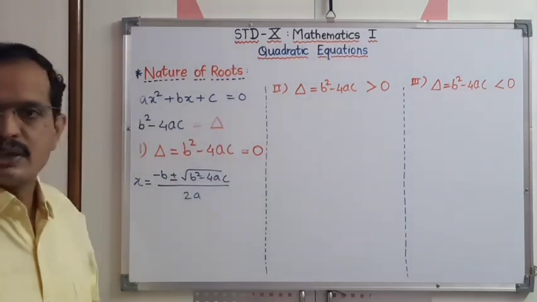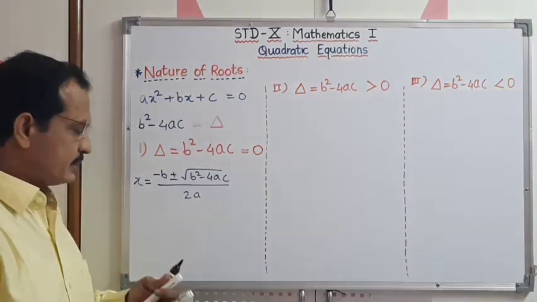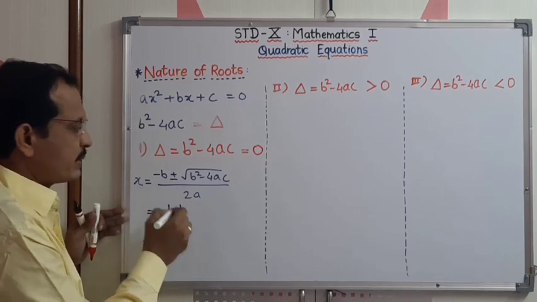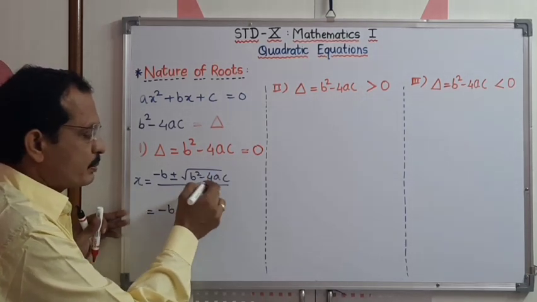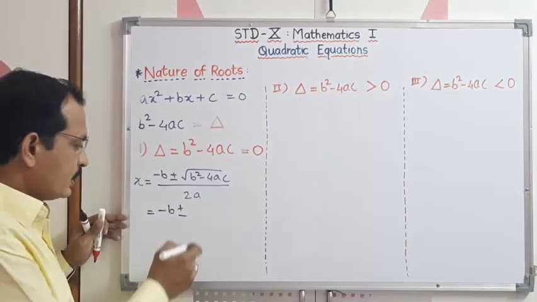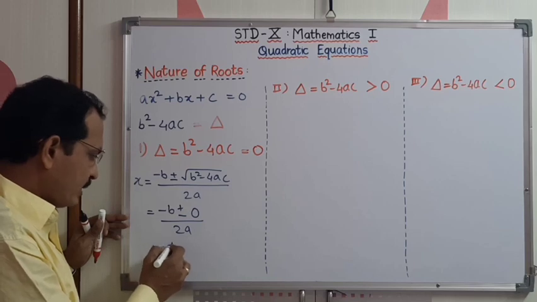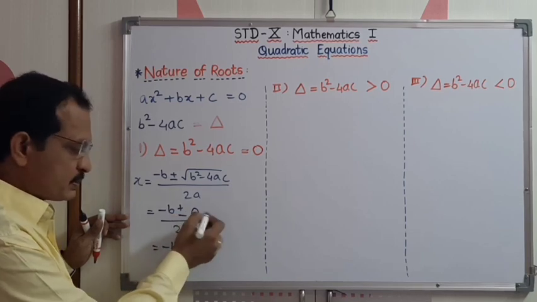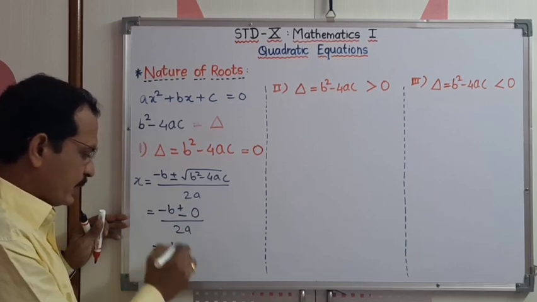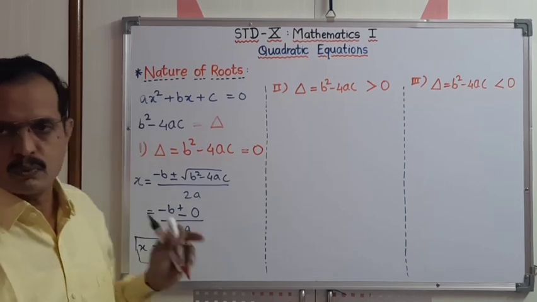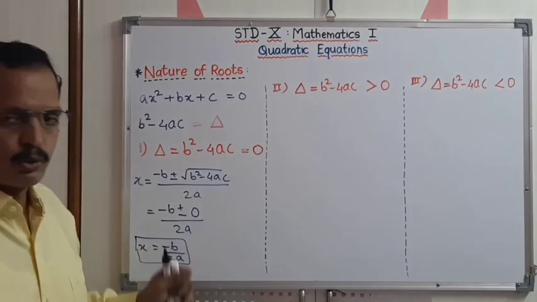In this case, minus b stays as it is, plus minus the value of b square minus 4ac is 0, therefore we write 0 here, and here it is 2a. That means the plus minus 0 gets cancelled, and we get the value of the root as minus b upon 2a.